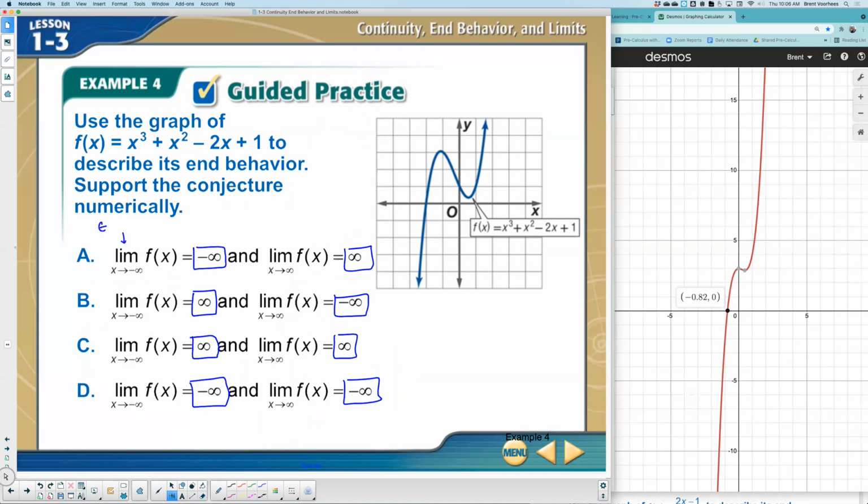This column represents the graph moving to the right. So that'll help you out finding the correct solution here. I want you to figure out what's happening as this graph moves left, what's happening as it moves to the right.